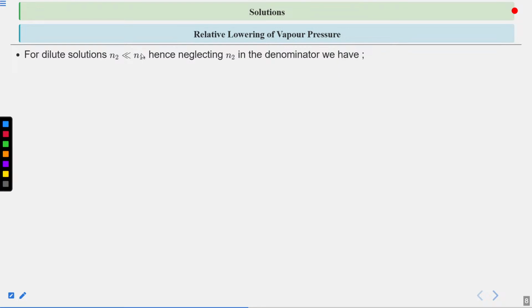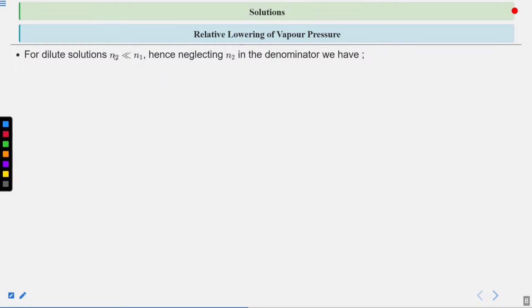So this law is true for dilute solutions. Dilute means we are adding a very small amount of solute. All of the colligative property laws are mostly applied and valid only for dilute solutions, because there is no interaction in that case as the solute particles are far apart. But if you go on increasing the number of solute particles, they will come together and hence will result in some interaction. So we always take it for the dilute solution.